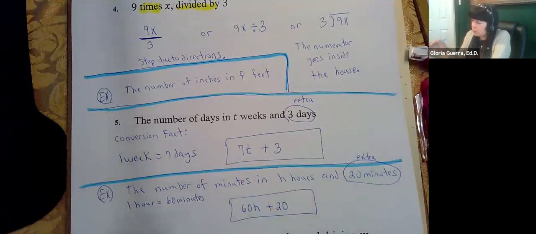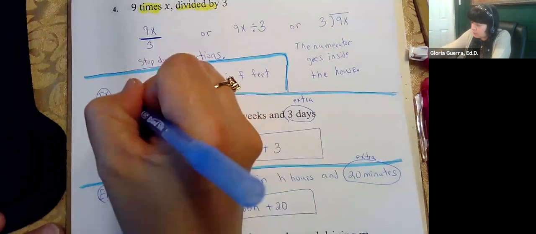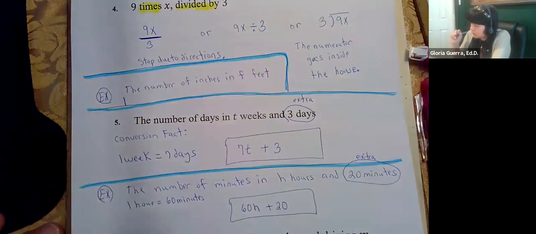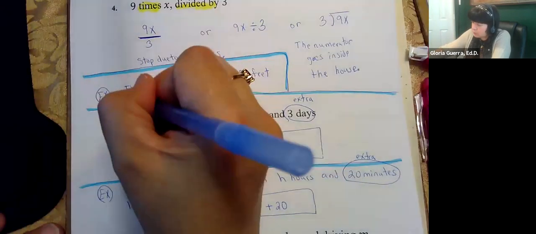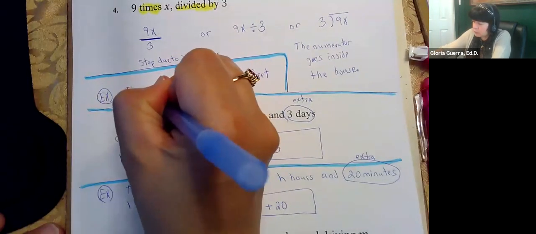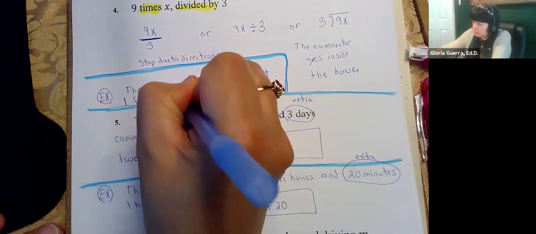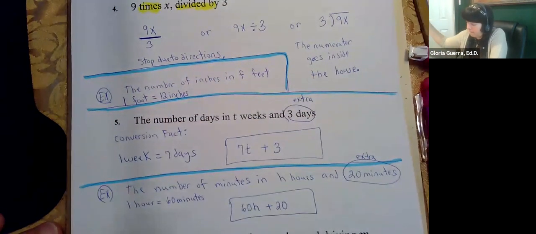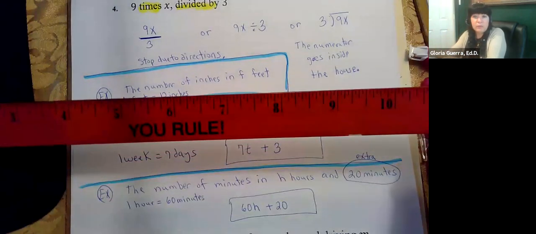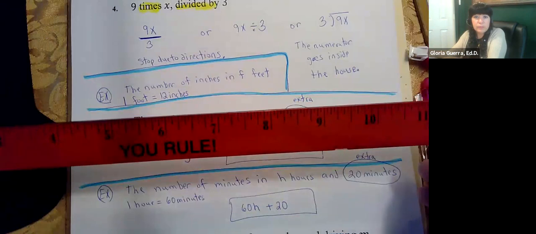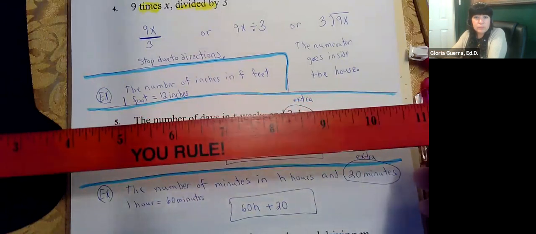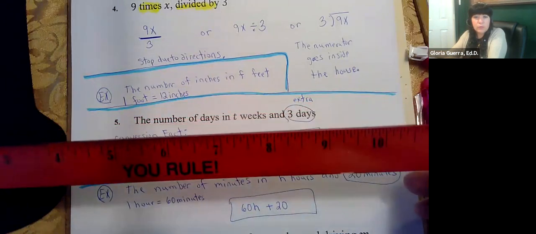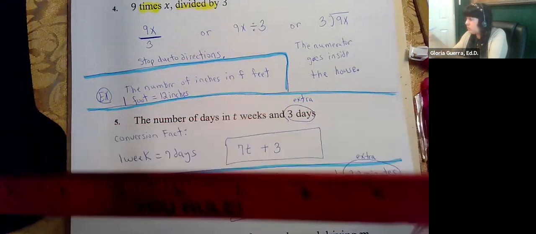So your conversion is that 1 foot equals 12 inches. And you see that here, right? You have a ruler here. So one foot, 1 ruler, equals 12 inches.